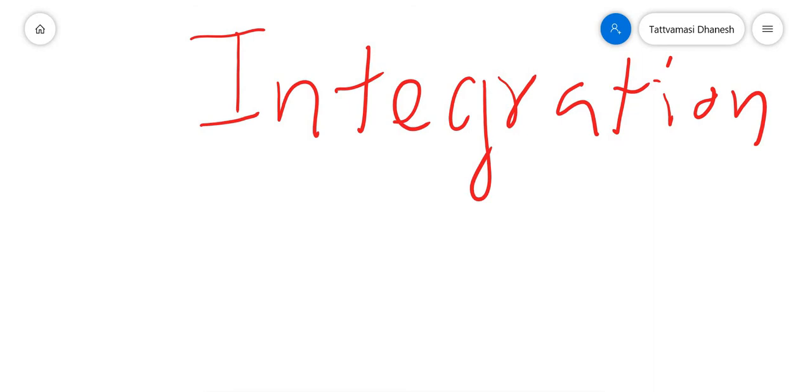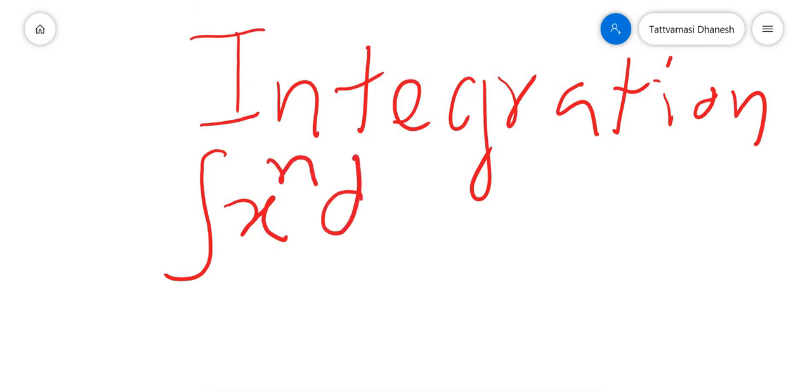Okay, so the basic rule when you were doing differentiation, the fundamental rule you use is d by dx of x raised to n, which is n x raised to n minus 1. Now we are going to do the integral of x raised to n dx.